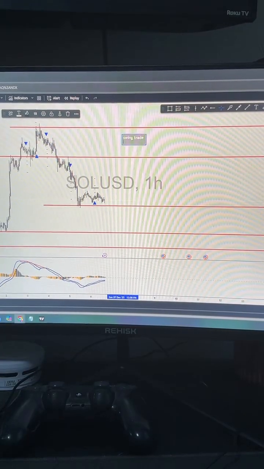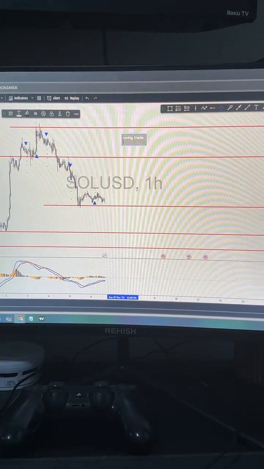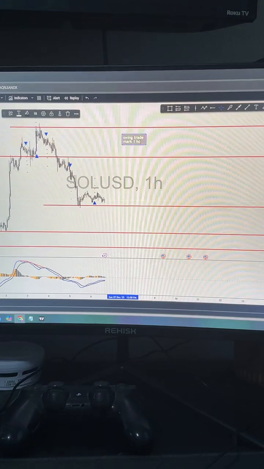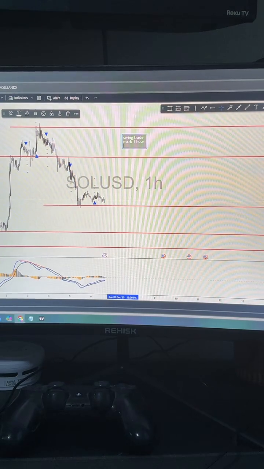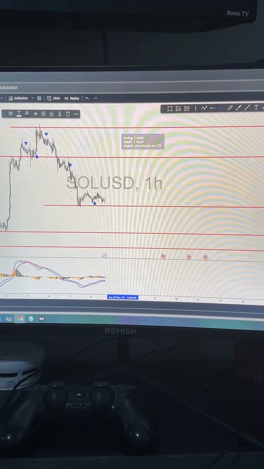You can. If you want to swing trade, you're going to want to mark on the 1 hour. You are going to want to also check structure on the 15-minute, higher highs and higher lows.